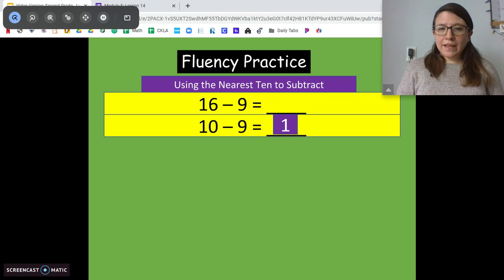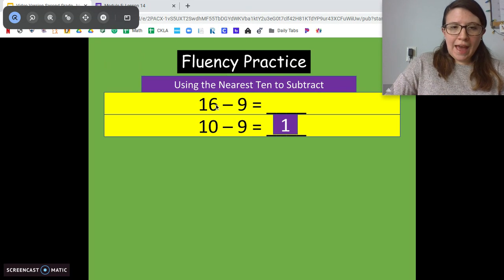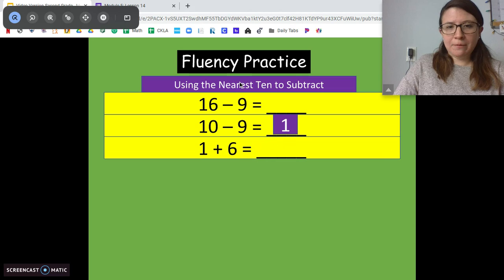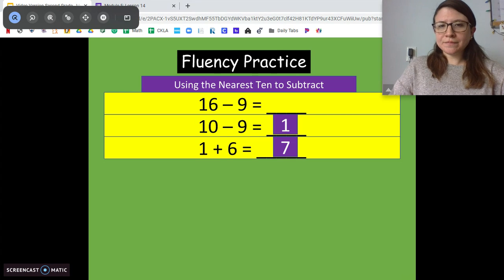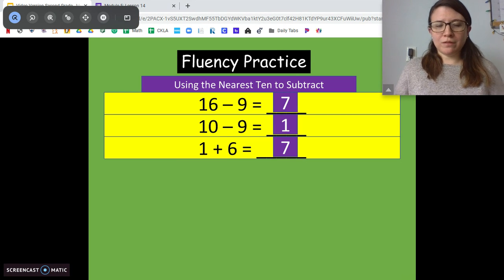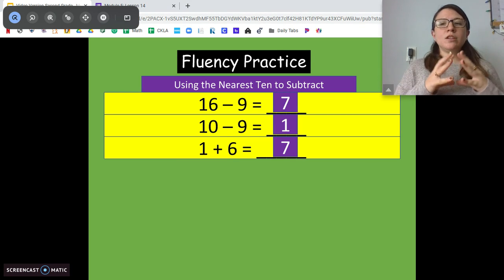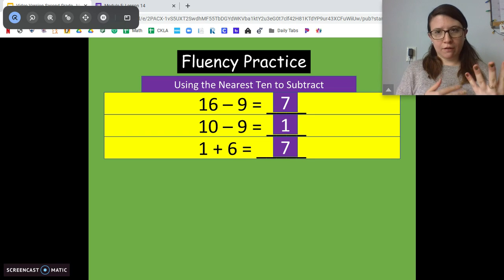Now, from here, we still have 6 extra ones that we didn't use here. So we got to add those 6 extra ones in, right? What's 1 plus 6? Awesome. What's 16 minus 9? Beautiful. See how that works? So we're using the problems we know to solve for what we don't know.